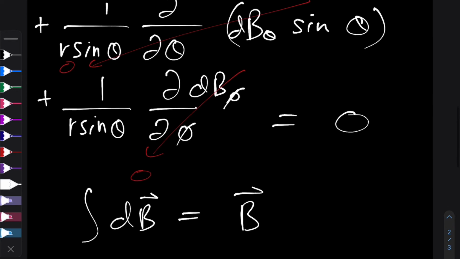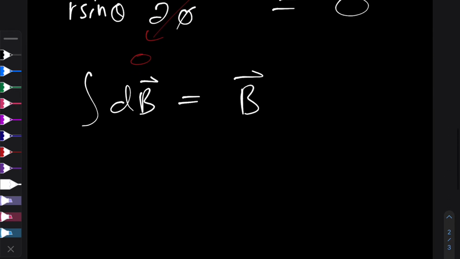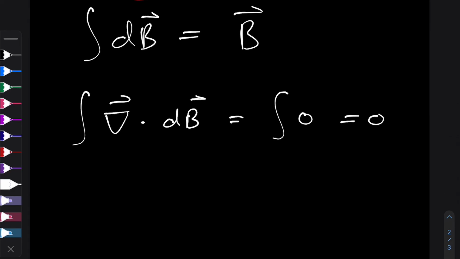And so let's try integrating both sides of this relationship we just found. So we'll get the integral of the divergence of dB is equal to the integral of 0, which is just 0. Now, the integral of the divergence can be thought of as the divergence of the integral, because the divergence is a linear operator.